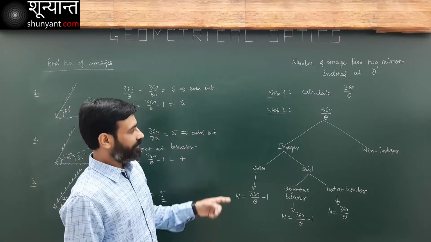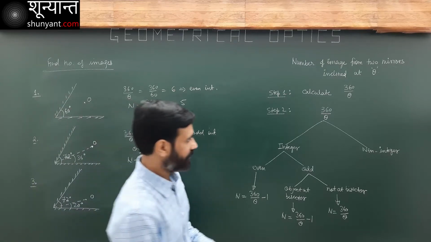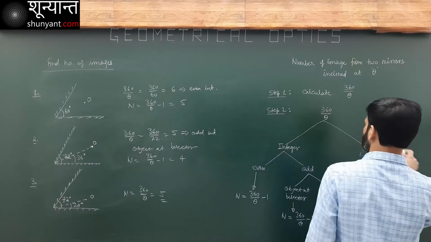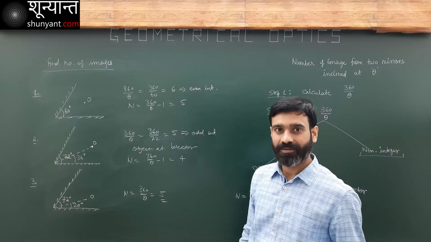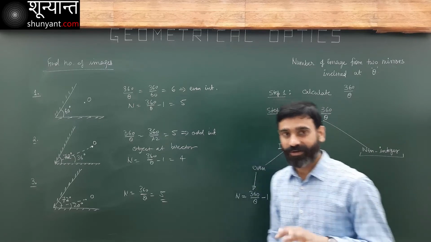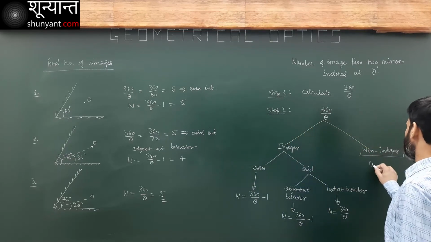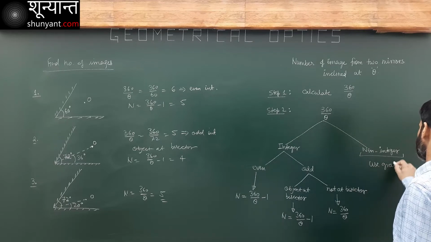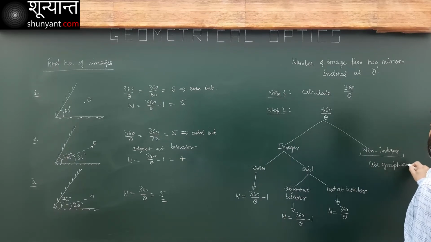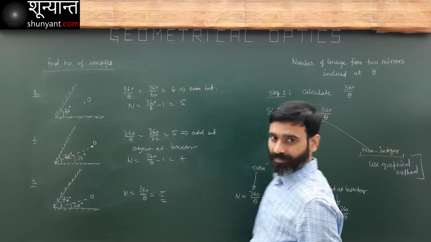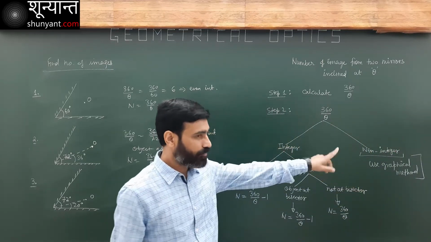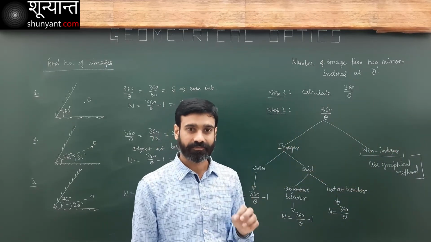Now, what about non-integer? Let's say I get 5.2, 5.5, 5.6. Not an integer. In that case, use the graphical method. There is no standard formula for this, keep that in mind.